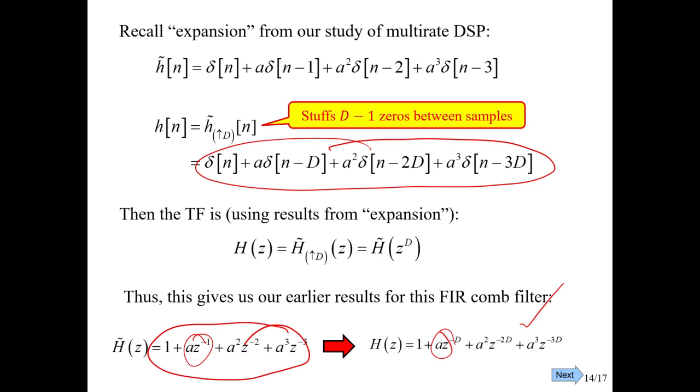So the idea is we start with any prototype and we're going to combify it. That's a word that I just made up. If we think about replacing Z by Z to the D, we saw this back in our multi-rate study of expansion. Expansion of a frequency response means replace omega by D omega.